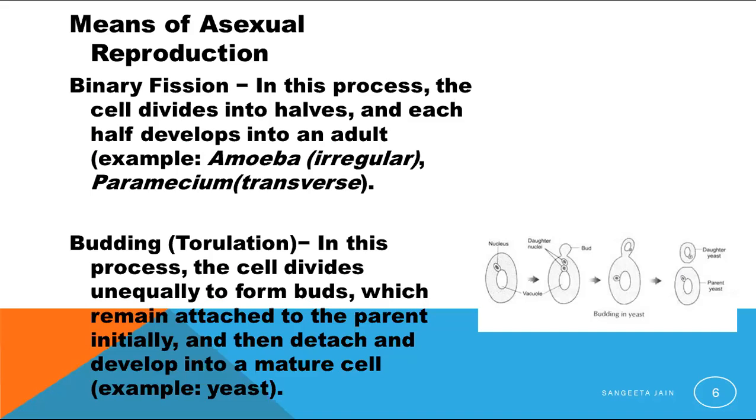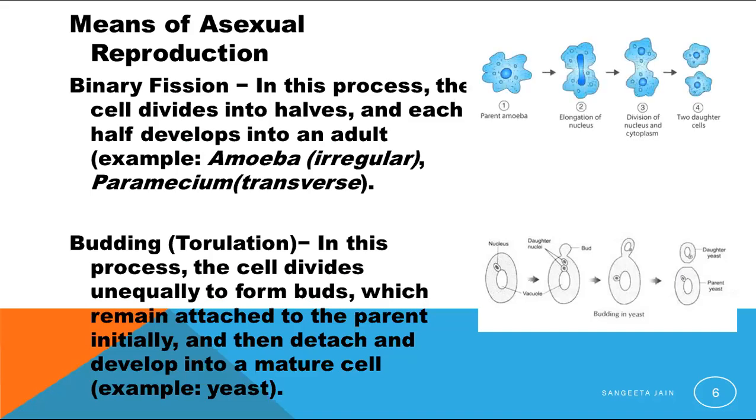In amoeba it is irregular, meaning it may take place along any plane, while in Paramecium it is transverse in nature.